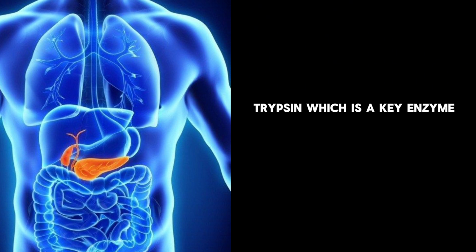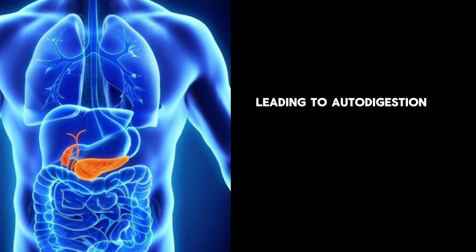Trypsin, which is a key enzyme, activates other enzymes, leading to autodigestion of the pancreatic tissues. This triggers an inflammatory cascade, releasing cytokines and causing local tissue damage like edema and potential necrosis.